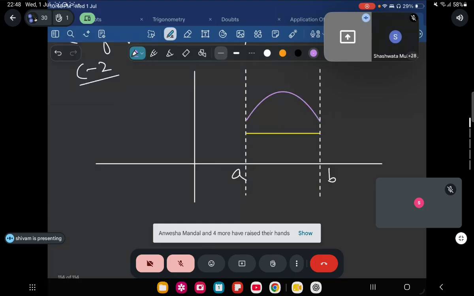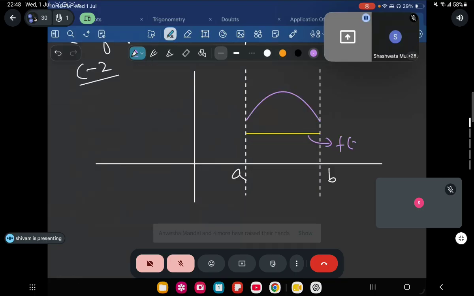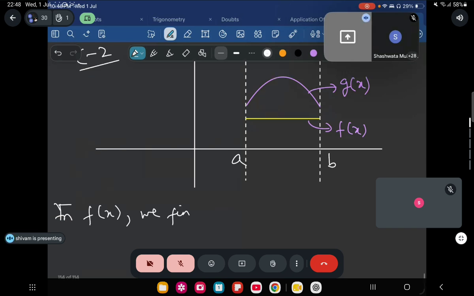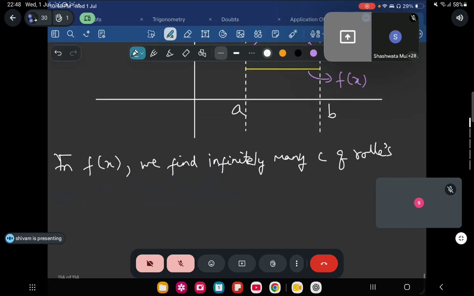Write it down. Let us call this f of x and this g of x. In f of x, we find infinitely many c of Rolle's.